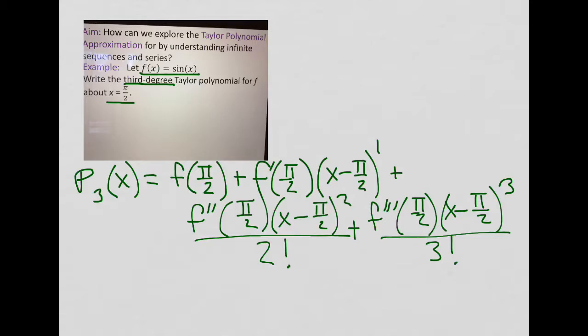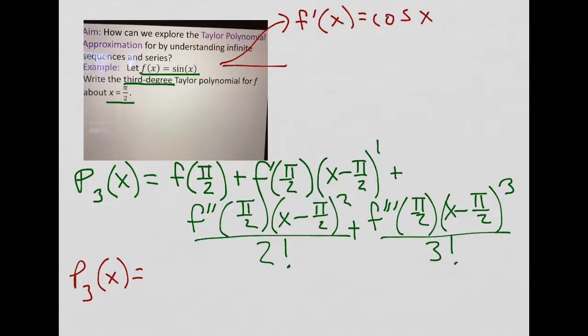So what we need to do at this point, if we're not going to change those, is actually figure out what all our derivatives are and plug in pi over 2. So we know f. We need to know f prime. So f prime of x would be cosine of x.